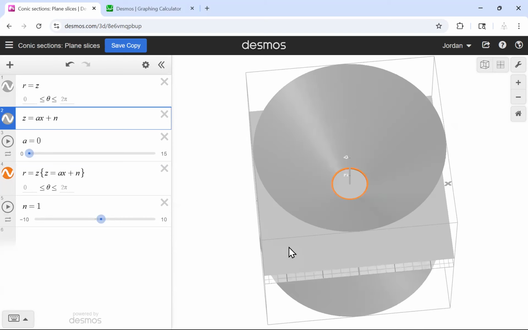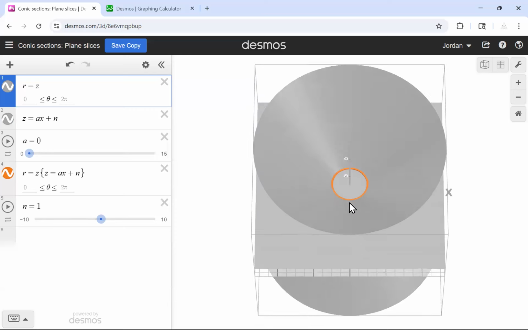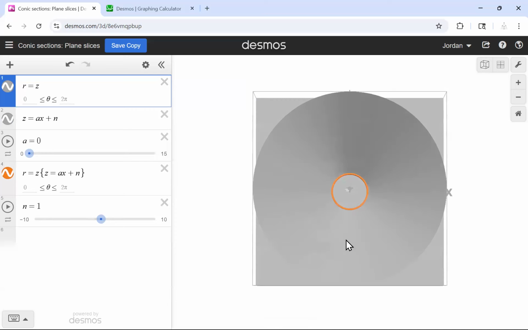But if the plane that I'm cutting through the cone has slope 0 in the XZ direction, then the object that I cut is going to be a circle.